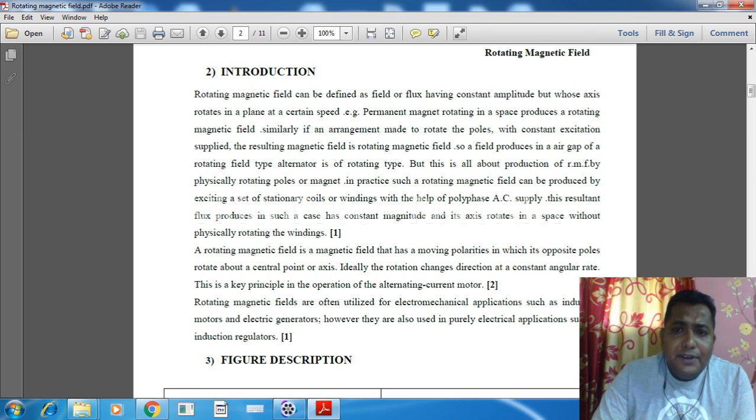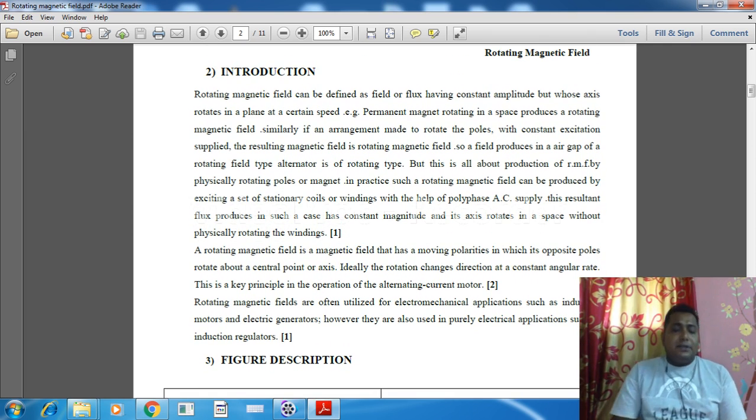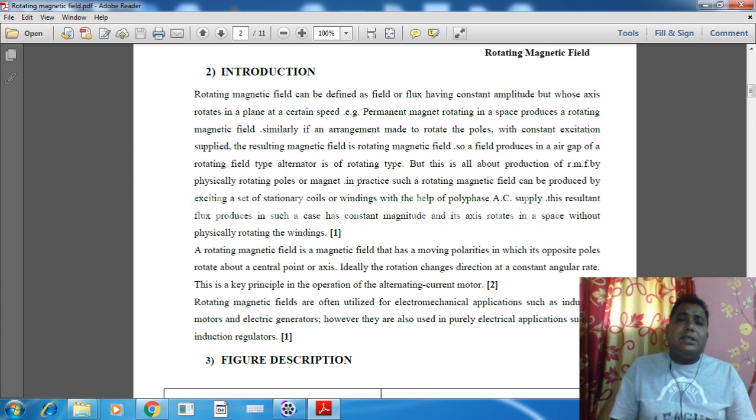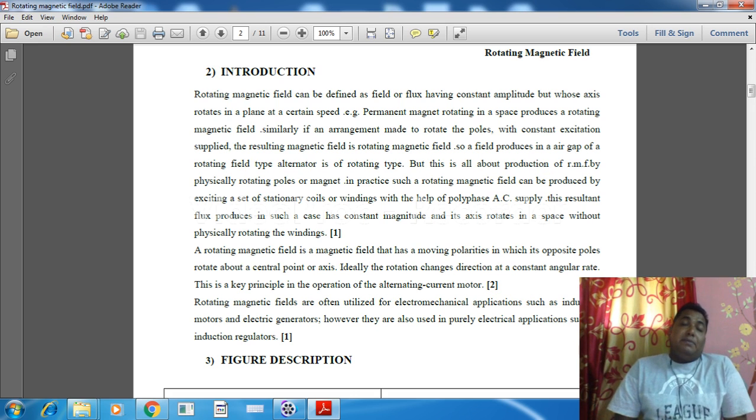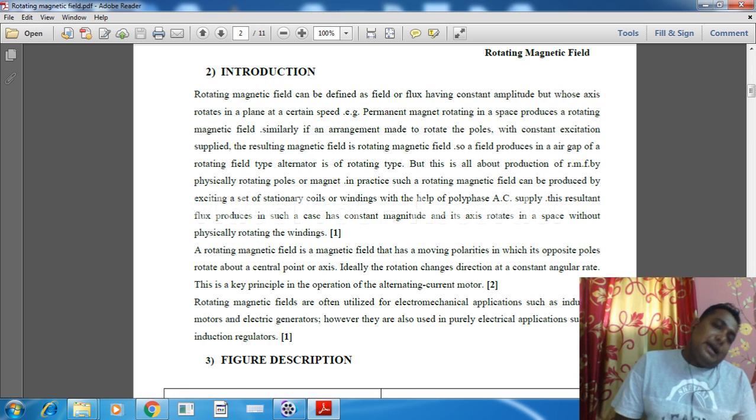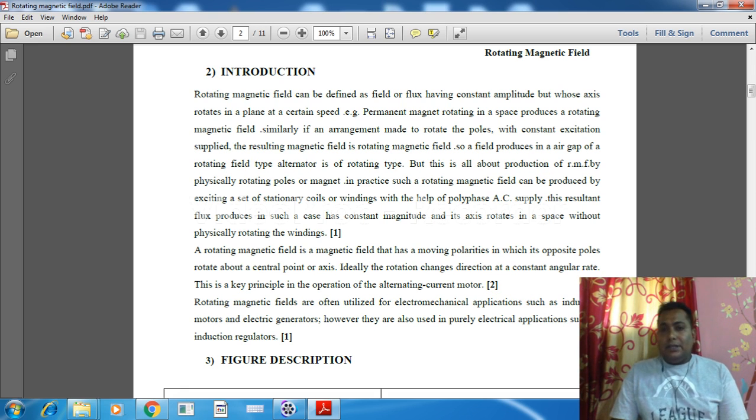First we are starting with the introduction part. In the introduction we are going to just recap what a three-phase induction motor is. A three-phase supply must be given to the machine, as the name says, it is a three-phase machine, and it has two parts: one is the stator, one is the rotor.